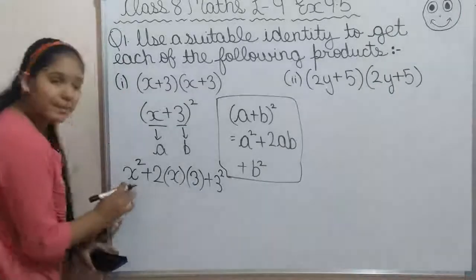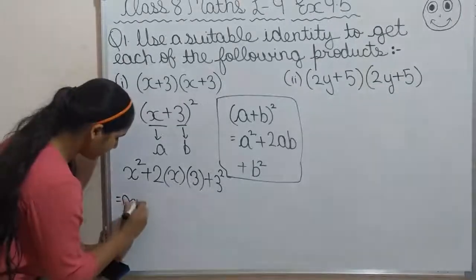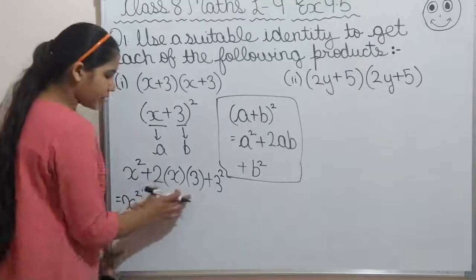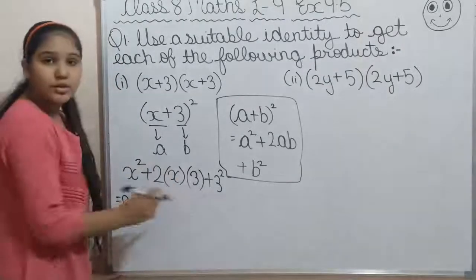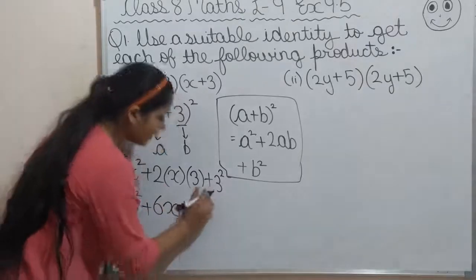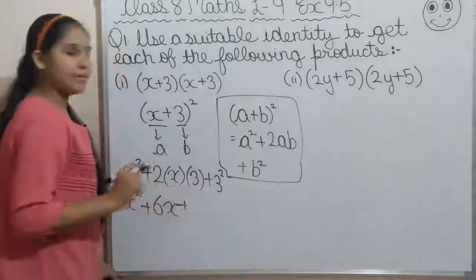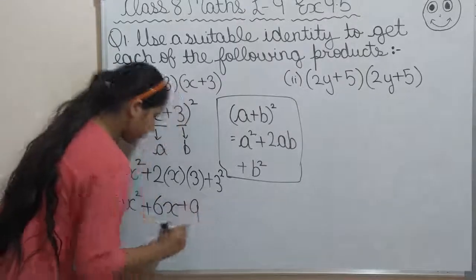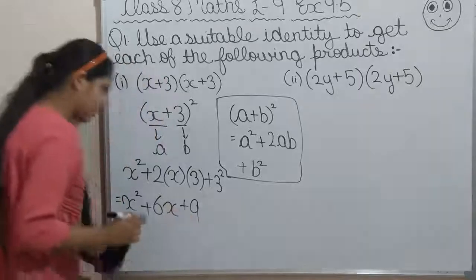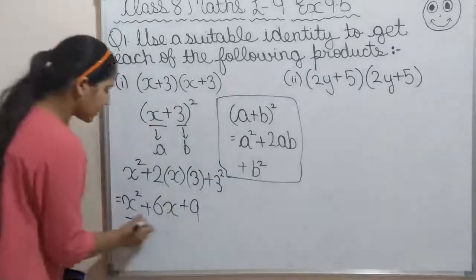So the final answer is x square plus 2 into x, that is 2x. First we multiply the constants, 2 into 3 is 6, so 6x, plus 3 square means 3 into 3, which is 9. So this is the final answer, this is the expression.